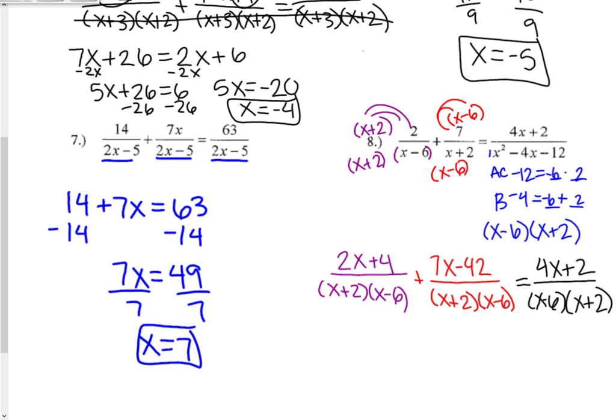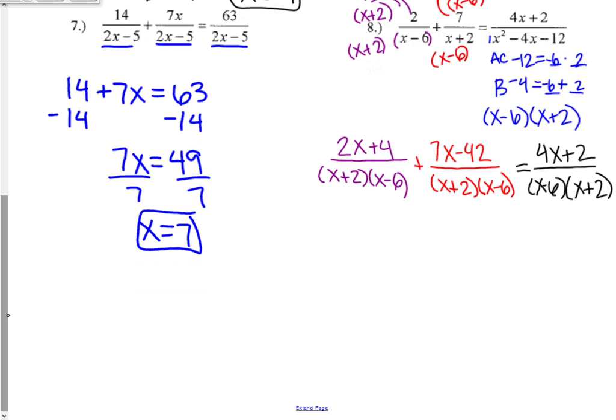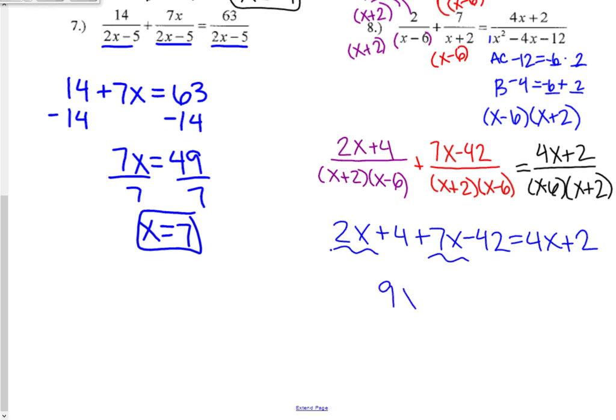My denominators are all the same, so I can take my numerators and just set them equal to one another. So 2x plus 4 plus 7x minus 42 equals 4x plus 2. Combining my like terms on the left-hand side, I'm going to get 9x minus 38 equals 4x plus 2.